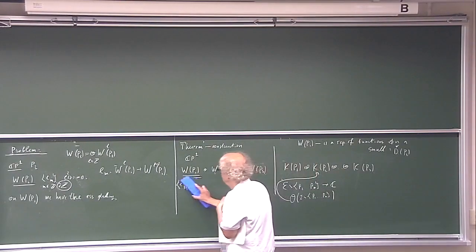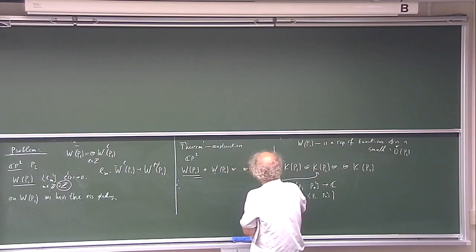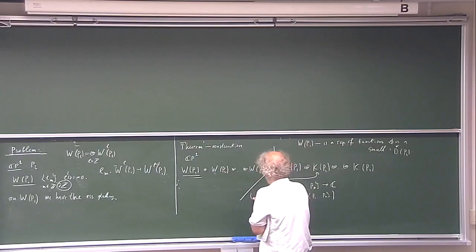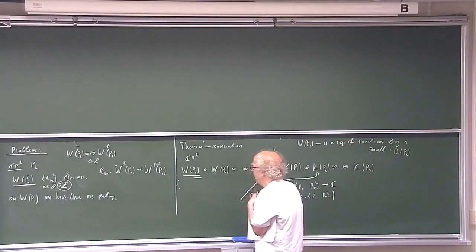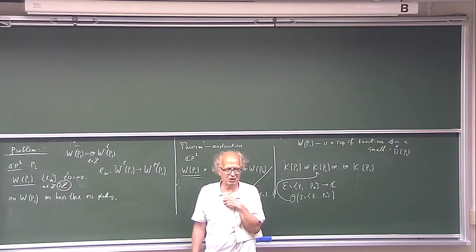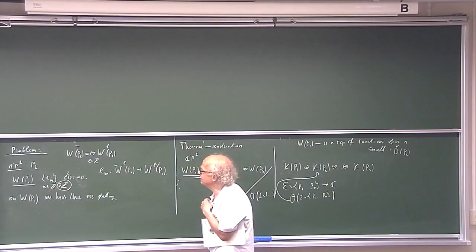So I can take co-invariance with respect to the action of O, E minus all this. And I get something, but it is not the answer I want, but almost.